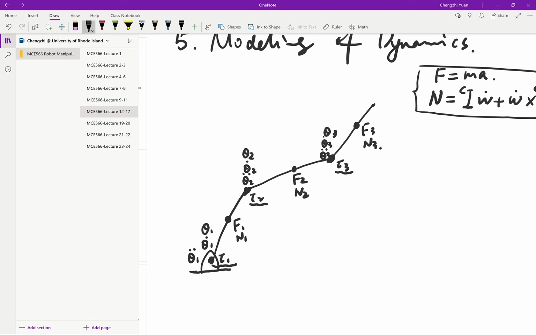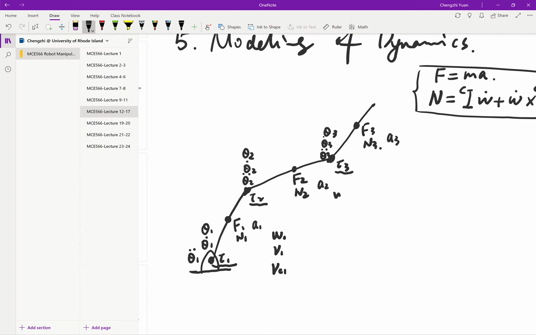In order to get F1, F2, and F3, what we need to have is, of course, the accelerations, A1, A2, A3. In order to obtain the accelerations A1, A2, A3, we need to evaluate the angular velocity and linear velocity, and also the linear velocity of the center of mass.